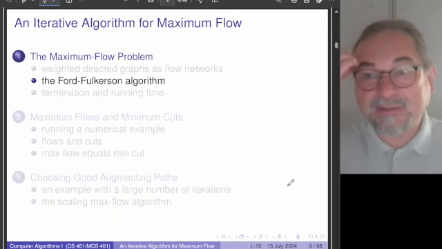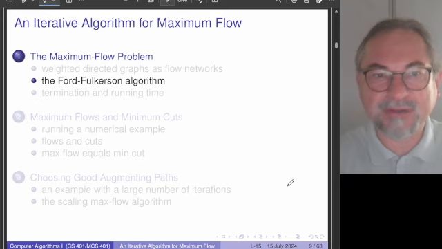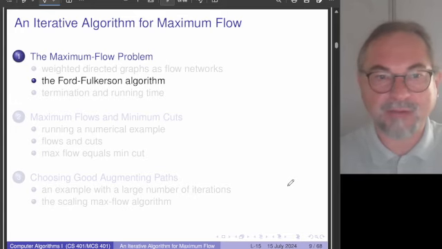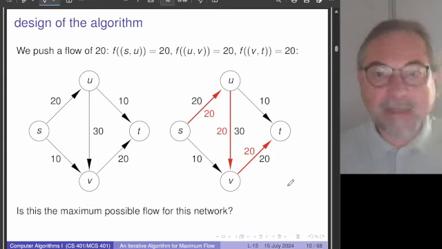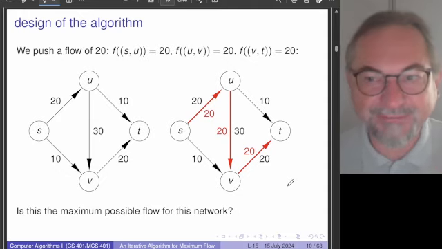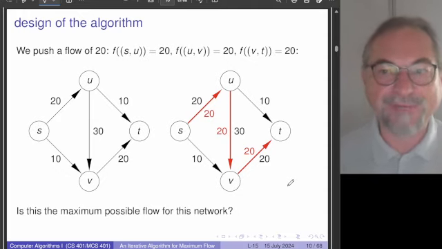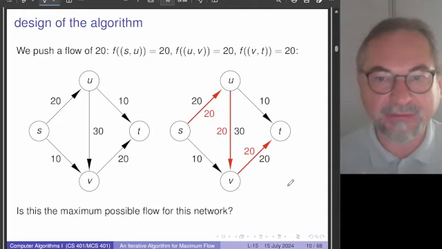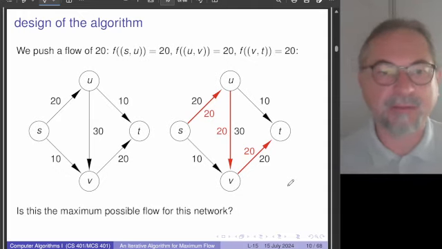So let's start thinking now about an algorithm. We will gradually describe the Ford-Fulkerson algorithm. In the first half we had the simplest non-trivial example. In the second half, I will start with a worked example.